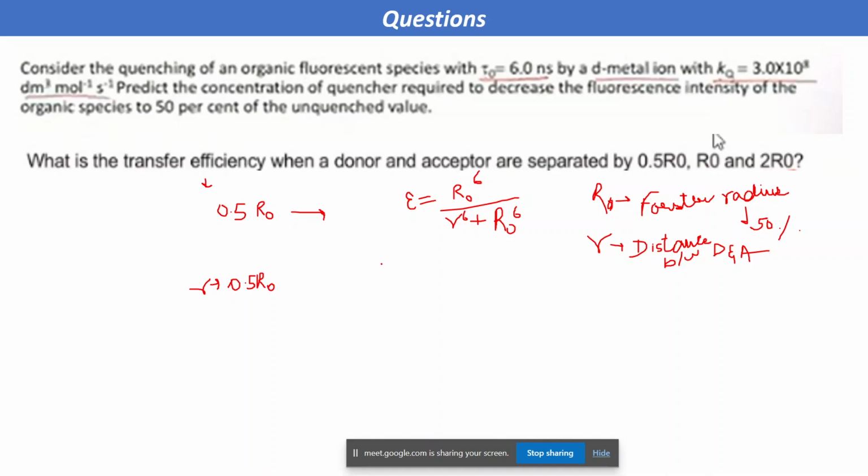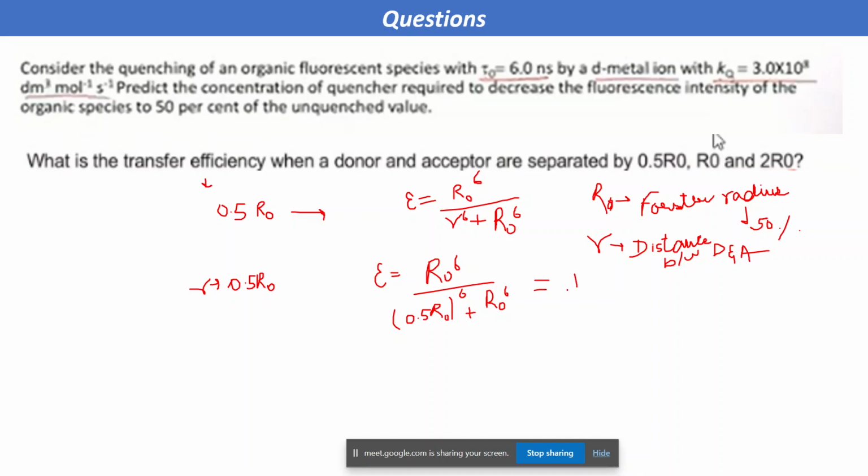So here E will equal R0 to the 6 over, substituting the value of R, 0.5 R0. From here you can take R0 as common.